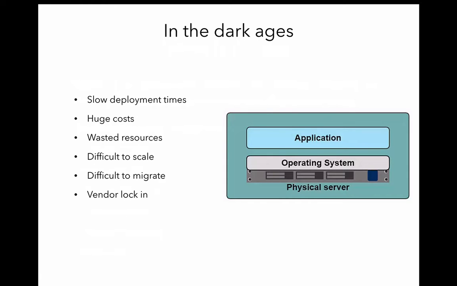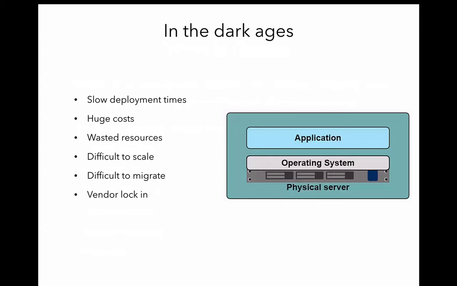Now, if I talk of the dark ages, let's get some idea of what is a virtual machine and the container and what is the difference between that. So if I talk about the dark ages, I mean the ages when we started developing the application, you had one physical server and your applications were deployed on those servers.